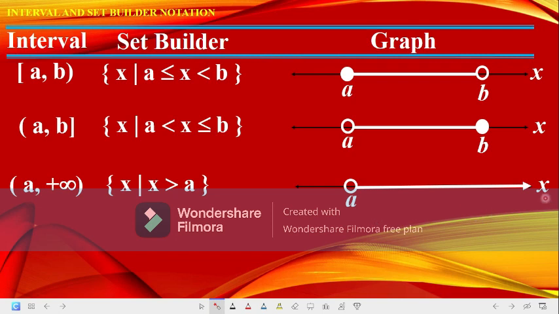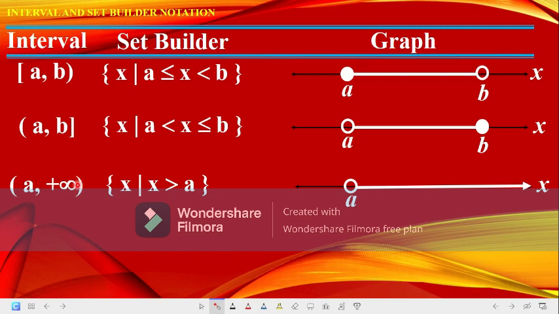Again, we're just using the x variable here, but we can also use y or any other variable. In this case, since A is excluded, since it has a hollow circle, or we call it open circle, we are going to use the open parenthesis, then write A. Then, since the arrow goes on forever in the right direction, meaning it goes infinitely, we will write positive infinity.